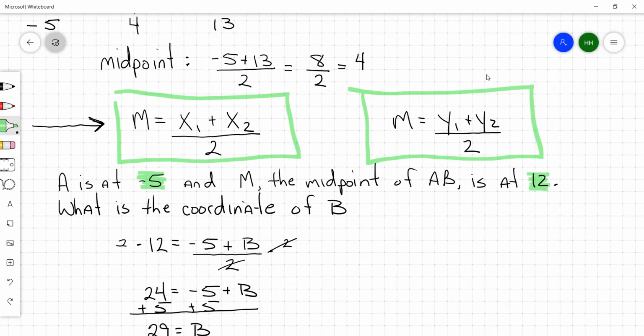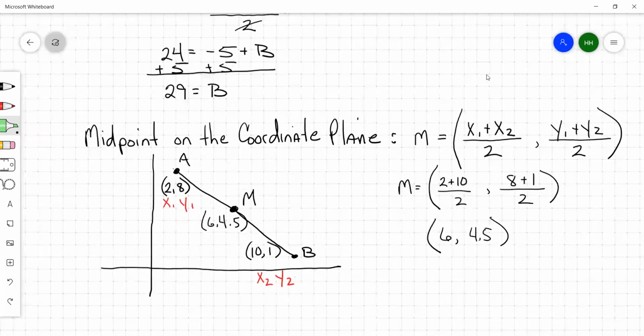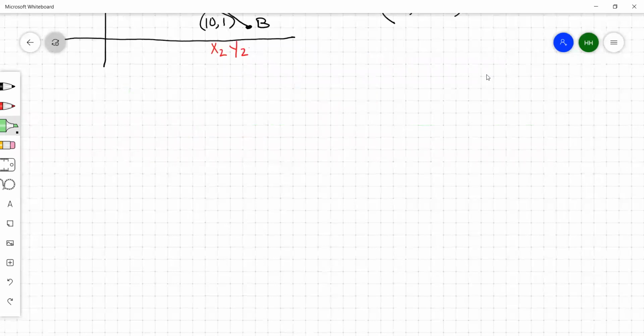And then let's finish up with one more small discussion here. Here's what we're going to be doing in this example.